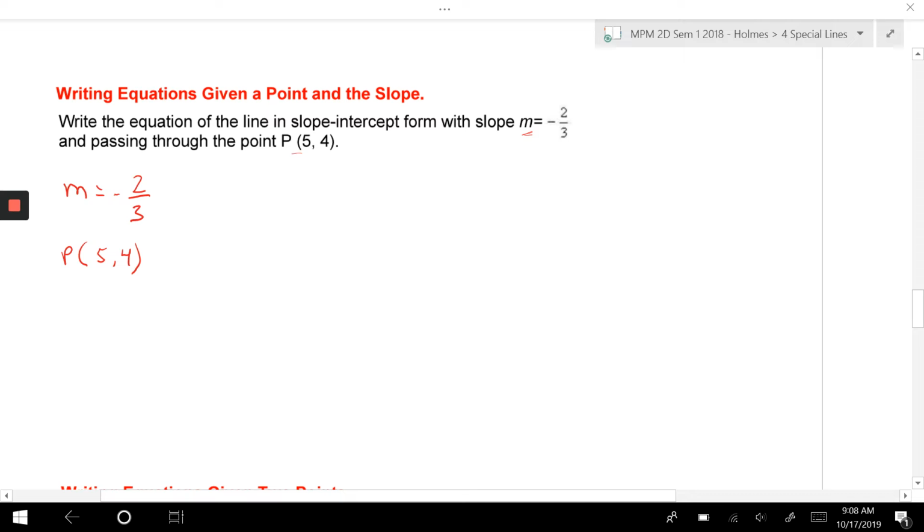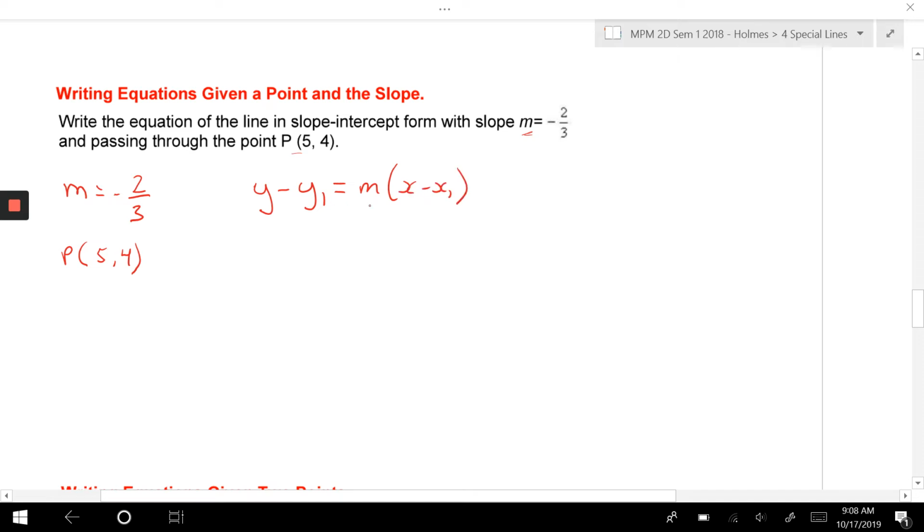I can use the point-slope form. The point-slope form of our equation is y minus y1 equals m times x minus x1.